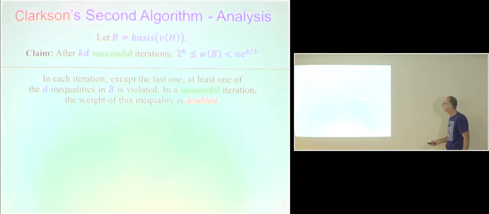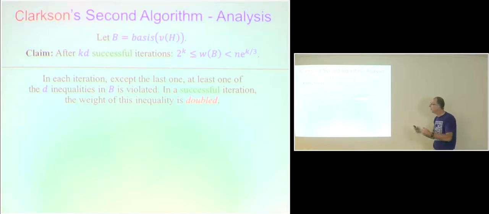Okay, so let's look at the lower bound first. Both directions are actually easy. In each iteration, if this is not the last iteration, at least one of the inequalities in the basis is violated, right? Because if all the inequalities of the basis are satisfied, we are done. We found a solution.